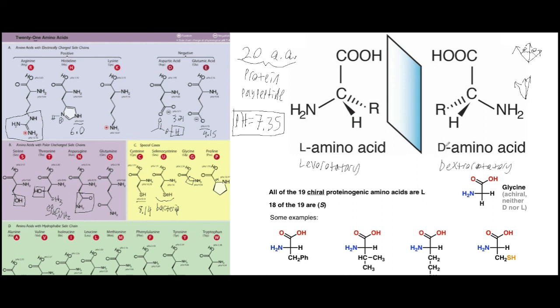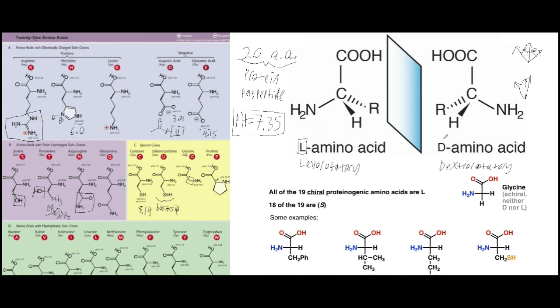I said in the carbohydrates video that sugars are almost always, at least as far as I know, in the D form. For amino acids, it's the opposite. They are always in the L form. So all the amino acids that we use are in the L form. Once again, I know bacteria have a few small but notable exceptions of using D amino acids for very specific purposes.